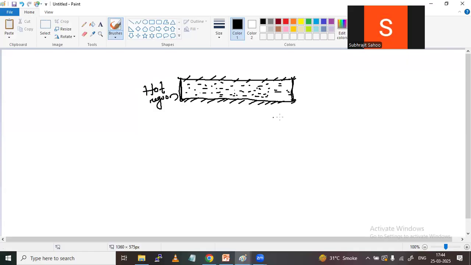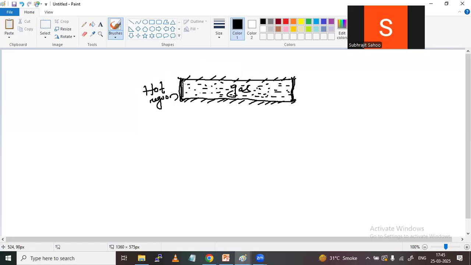Sir, what I took is a tube whose lengthwise, longitudinal sides are fully insulated, so no heat will be transferred. Only the circumferential sides are not insulated, which means heat can be transferred. Now in between I filled gas.